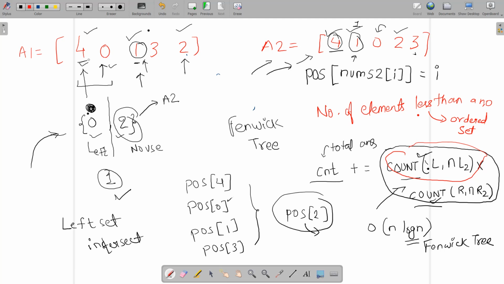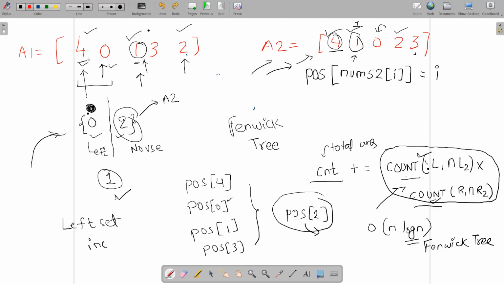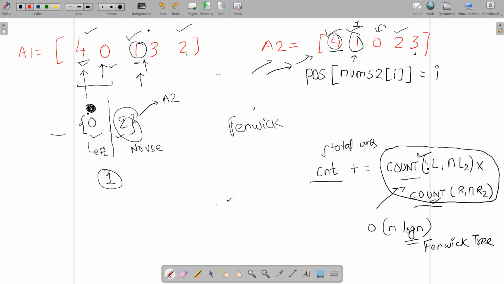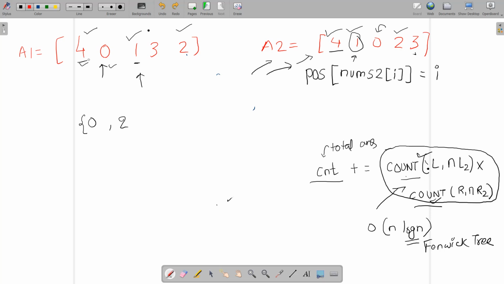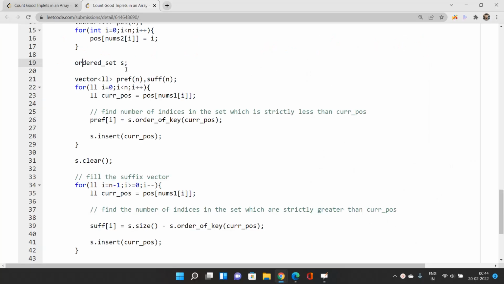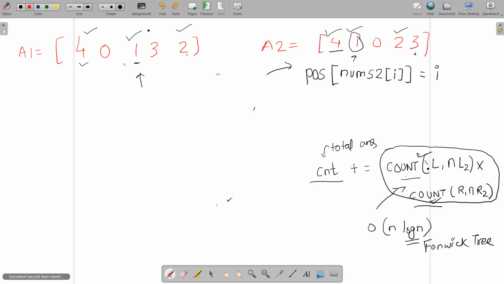This ordered set will store, suppose, let me first erase all those, it is so clumsy. So the ordered set will always store the position of numbers, right? Suppose we are working upon this 3. It means that the ordered set has already stored these values.